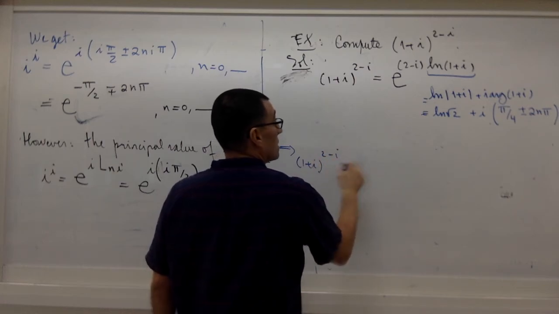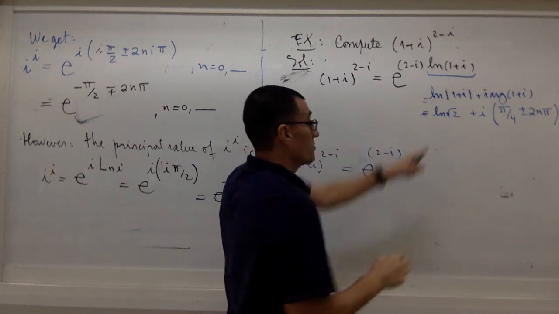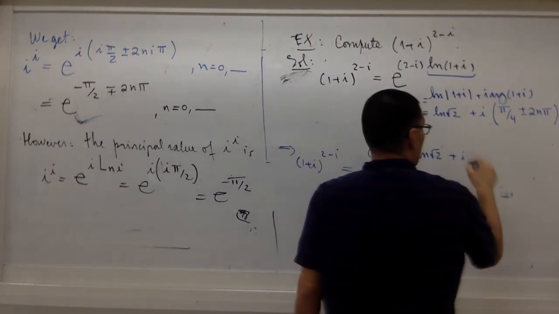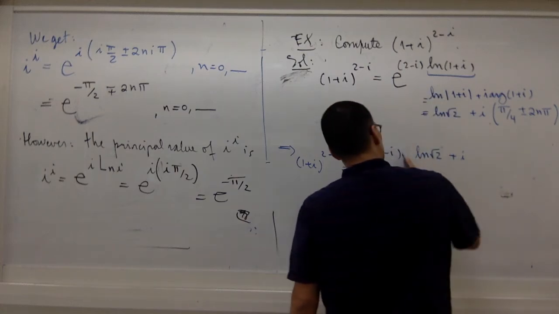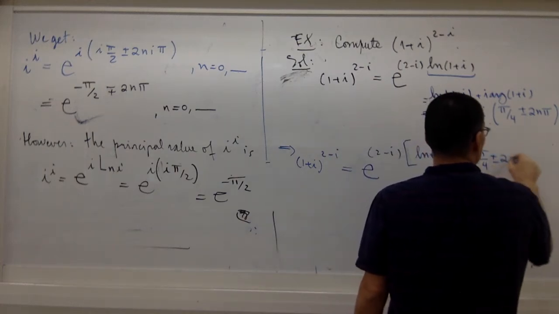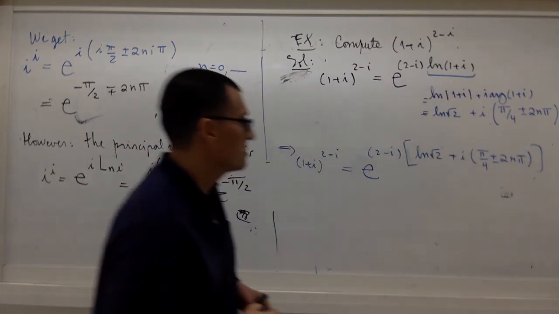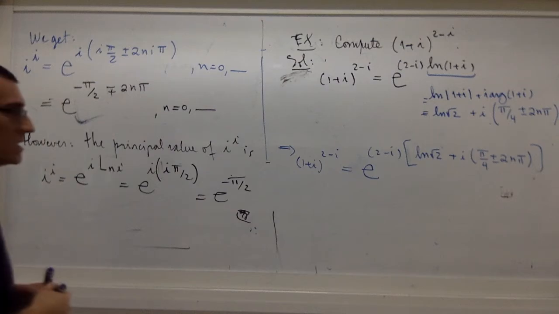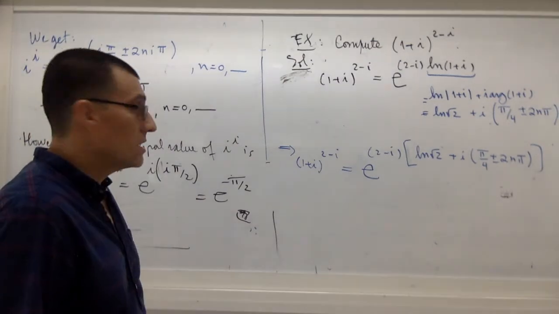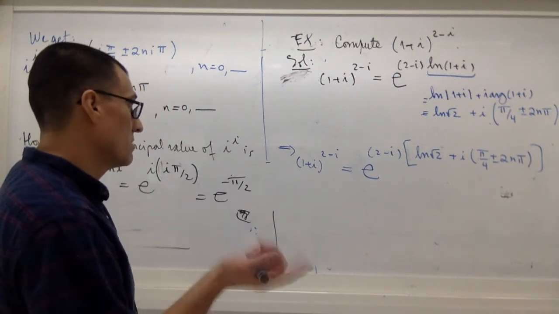So we plug that back in there, and we get that (1 plus i) power (2 minus i) is the exponential of (2 minus i) times ln square root of 2 plus i times, and we need to use a square bracket there, pi over 4 plus or minus 2n pi. Now we distribute and multiply.